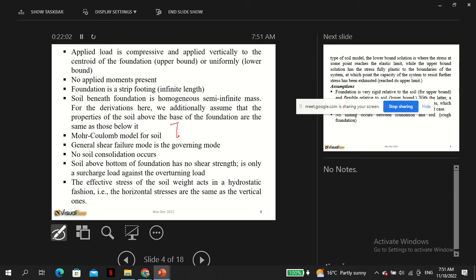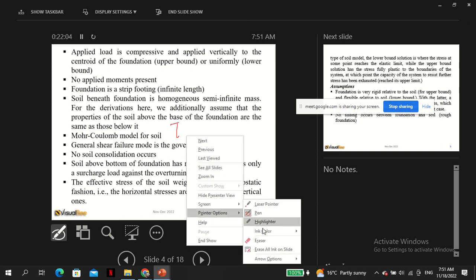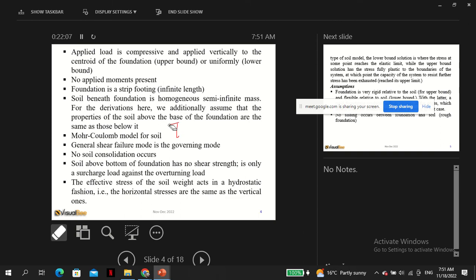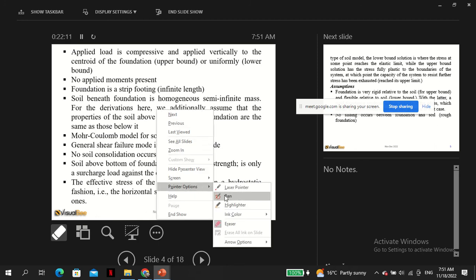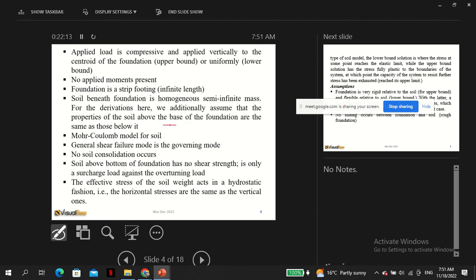So therefore, the shear strength of the soil is defined as c plus sigma tan phi.